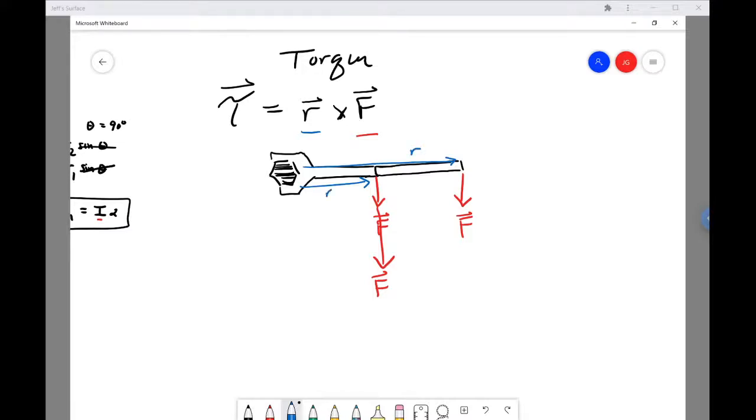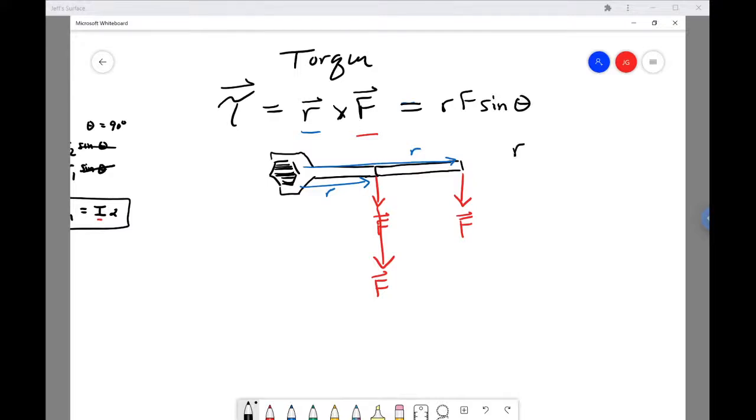I don't know if I mentioned this last time, but this cross product, you can think of this as the magnitude of R and F times the sine of the angle between them.